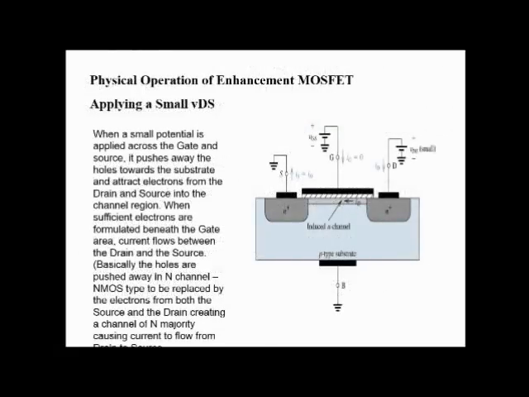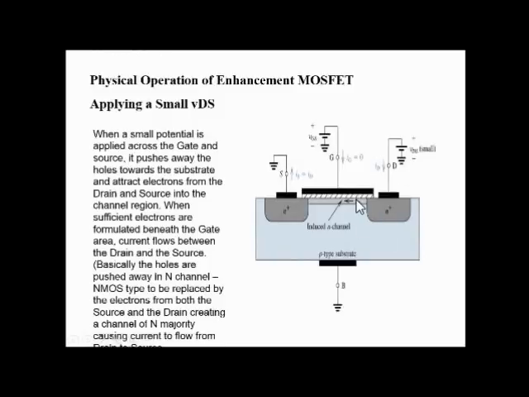So what happens when applying a small VDS? When a small potential is applied across the gate and the source, it pushes the holes away towards the substrate and attracts electrons into the channel region. Sufficient electrons are formed beneath the gate and current flows between the drain and the source. Basically the holes are pushed away in the N-channel MOS type and replaced by electrons, which are the minority carriers.